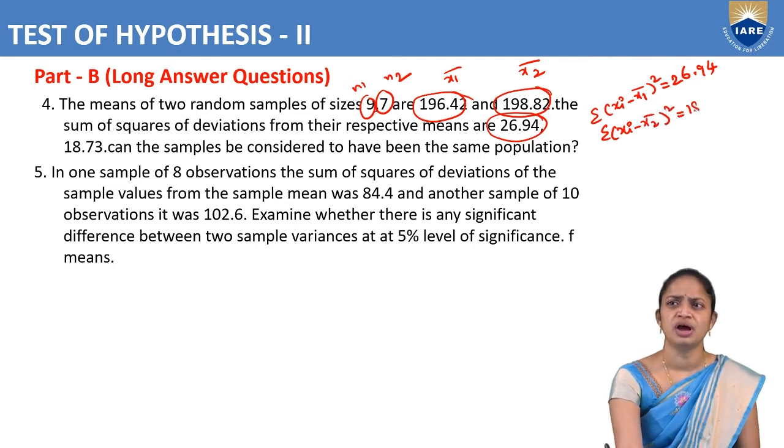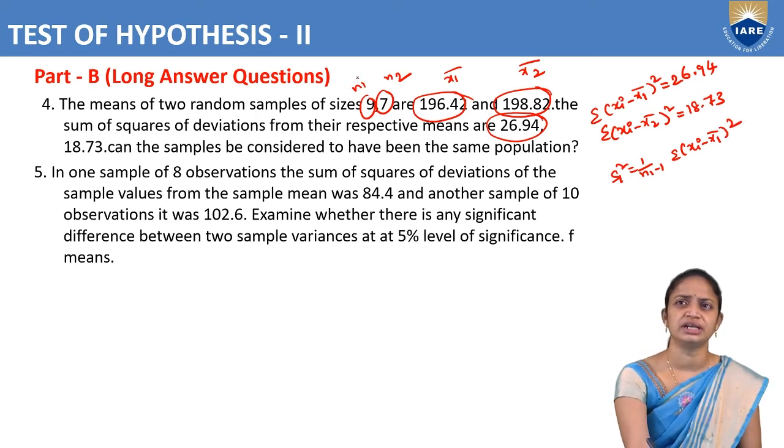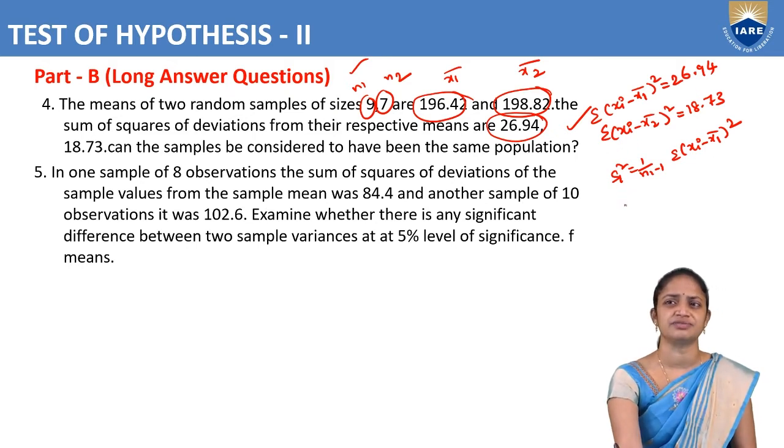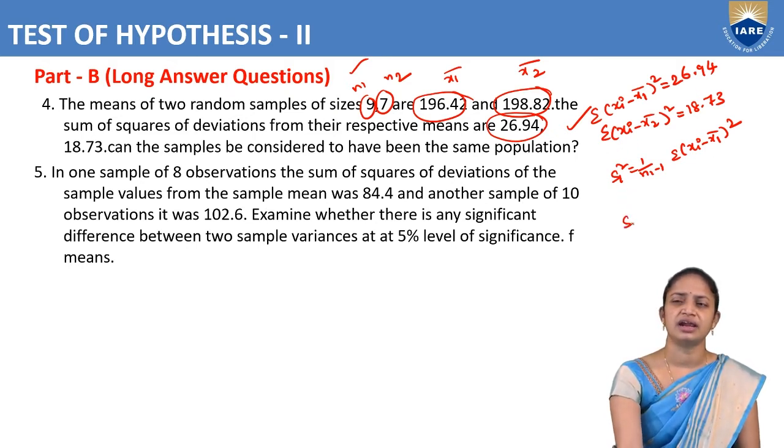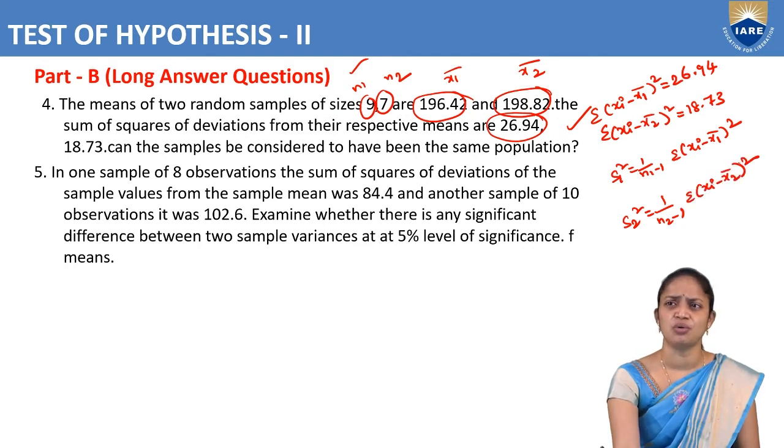So we need to calculate s1 square, that is 1 by n1 minus 1 into summation xi minus x1 bar whole square. We know the n1 value and the summation value, so from that we can calculate s1 square. Similarly s2 square equals 1 by n2 minus 1 into summation xi minus x2 bar whole square.